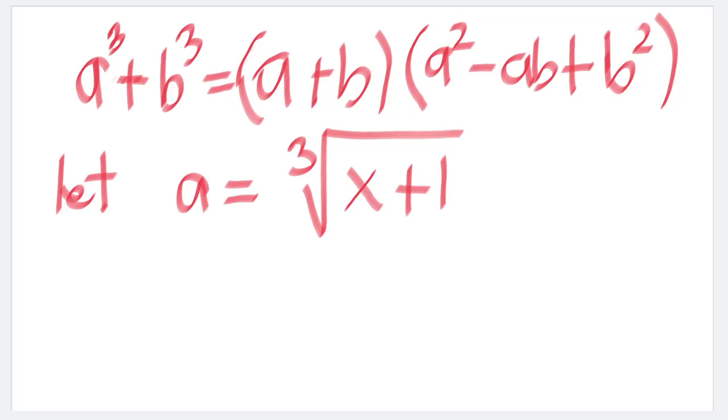This is just to cancel basically the radical function at the numerator, because we are rationalizing the numerator, and b is equal to 1.